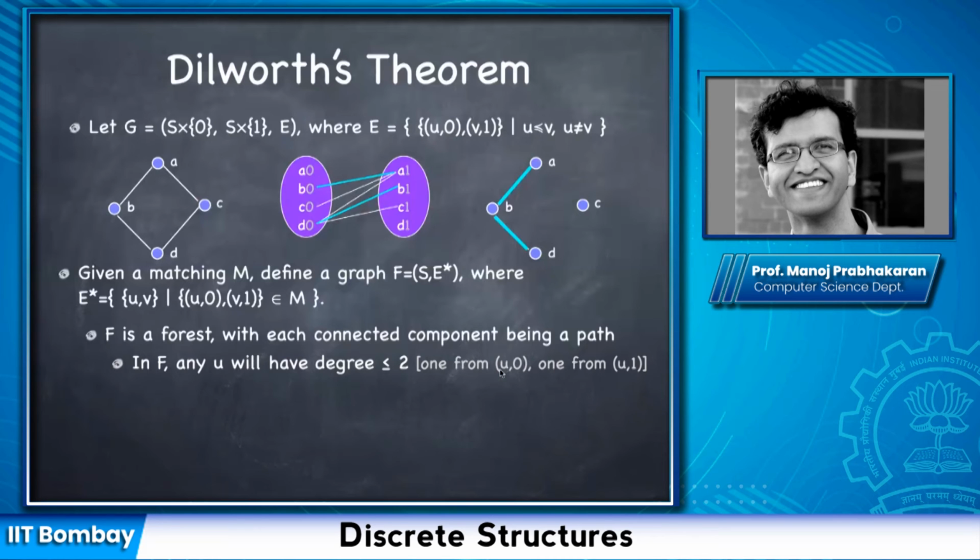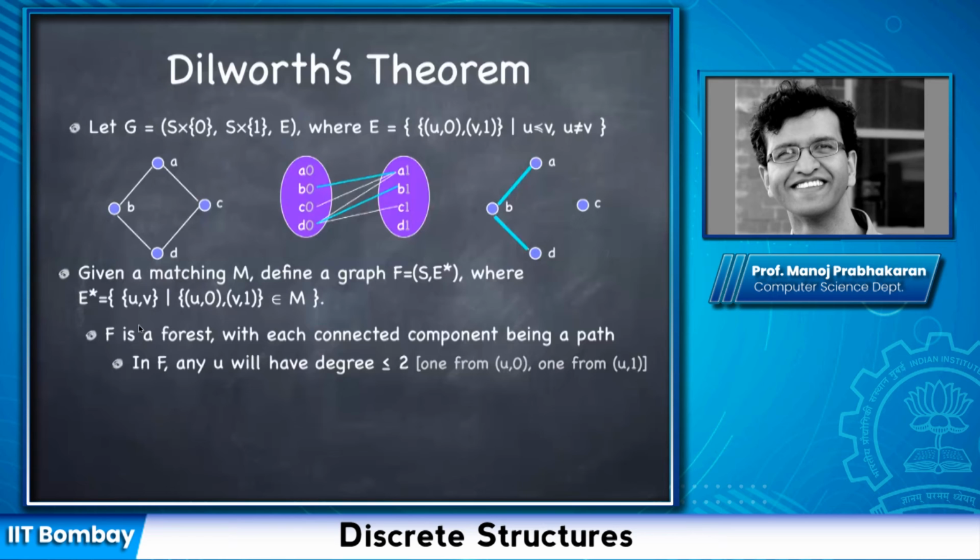And it's not just that there are two edges: if you have two edges, the corresponding copy of the node U will be on the left for one and on the right for the other. Therefore, in one of them the relation would be U less than or equal to V for some V, and in the other it will be W less than or equal to U for some W. So I know that every node has degree at most 2.